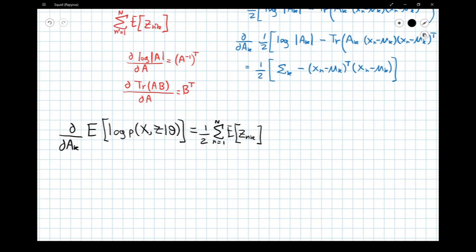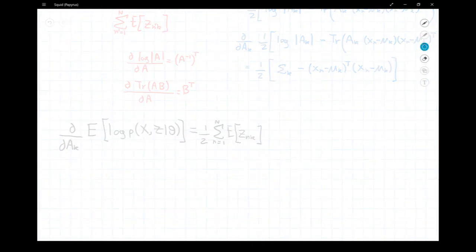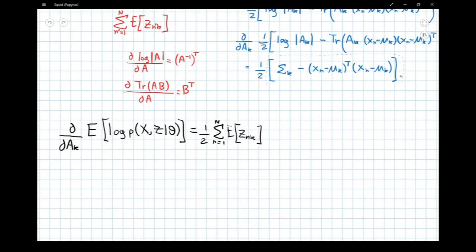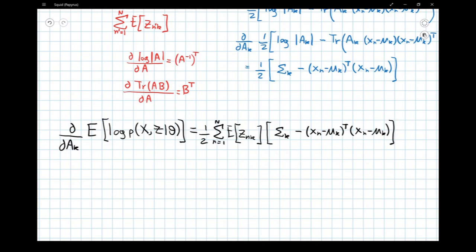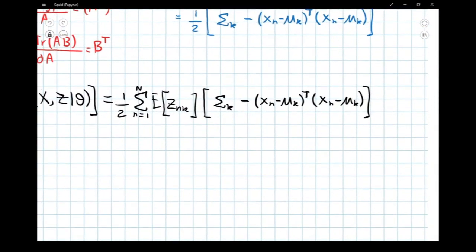There. And then we'll copy this straight in. Okay, and then we're going to set that equal to 0.